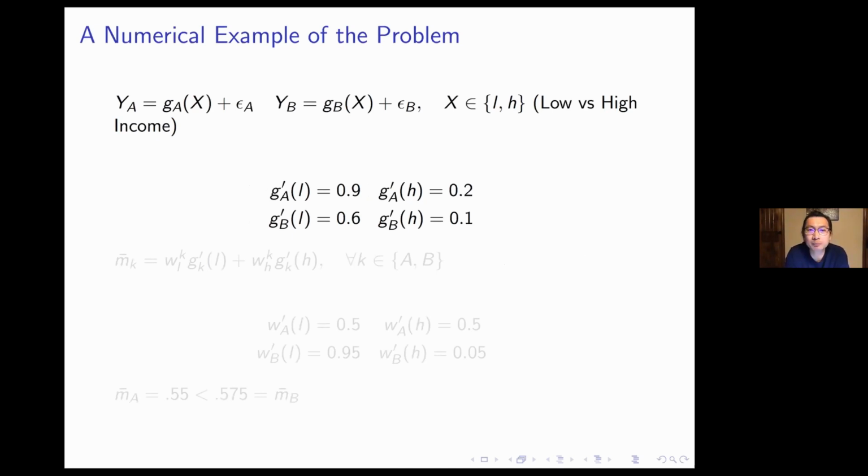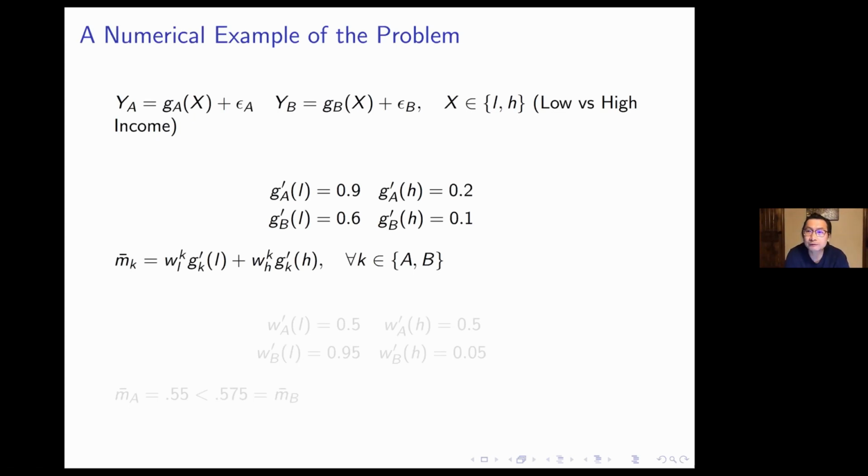So for the first group, for the low income parents, the relationship between their income and the child income is 0.9, and for the high income it is 0.2. For the second group, the similar-status people have an income correlation of 0.6 and 0.1. Now, thinking about any aggregation, meaning that we're going to somehow weight these different mobility measures for different individuals, it is nothing but a simple weighted average.